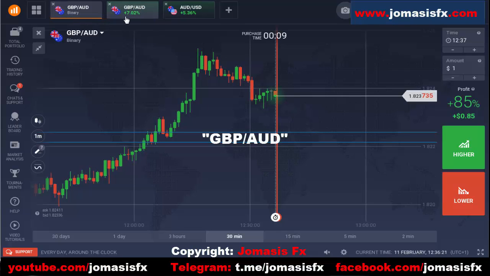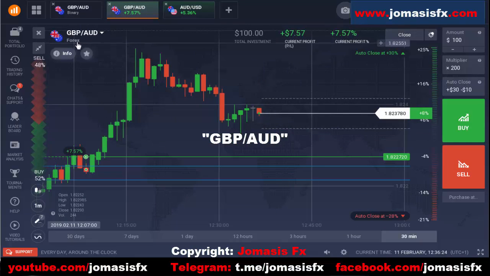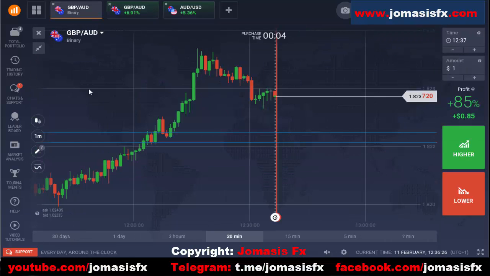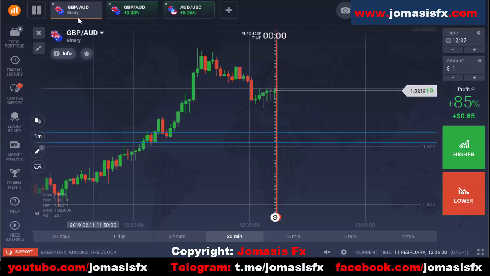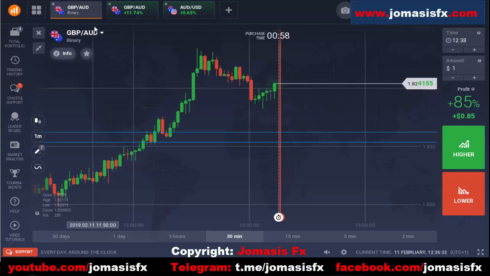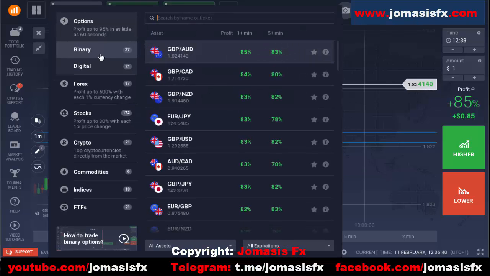This one is forex, and this one is binary. In case you don't know how to switch between forex and binary options trading, all you need to do is click on this arrow, and then you see the option.